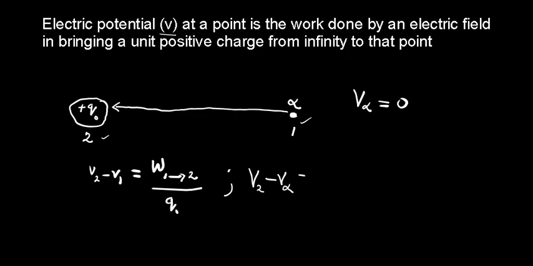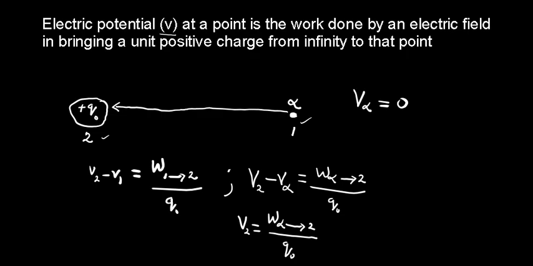will now be equal to the work done from infinity to 2 divided by the charge. Since you know that potential at infinity is equal to 0, we will be left with V2 equal to the work done from infinity to 2 divided by the charge.